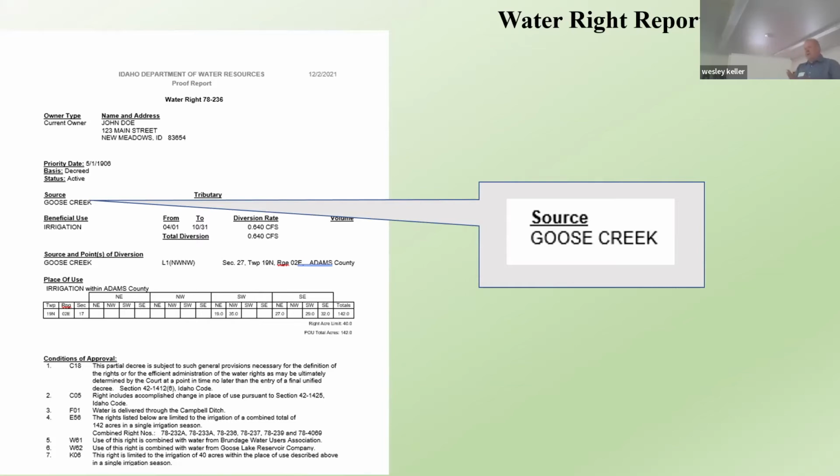In terms of a reservoir, it will always still be the name of the creek that the reservoir impounds. It will not be like, in the case of Cascade Lake, those water rights that are pulled out of Cascade Lake would still be listed as North Fork Payette River. So it's only going to have a lake name if it was a natural lake.